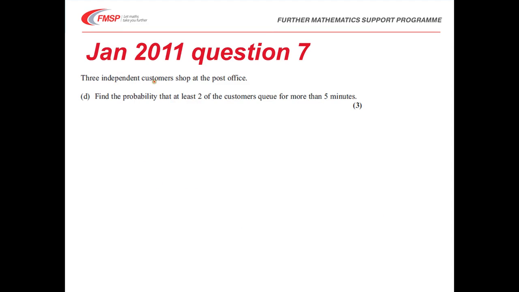So part D, we're told that 3 independent customers shop. Find the probability that at least 2 queue for more than 5 minutes. So what we have here is we've got 3 customers, let's call them A, B and C, and either they queue for more than 5 minutes, they queue for more than 5 minutes, these guys don't queue for more than 5 minutes.